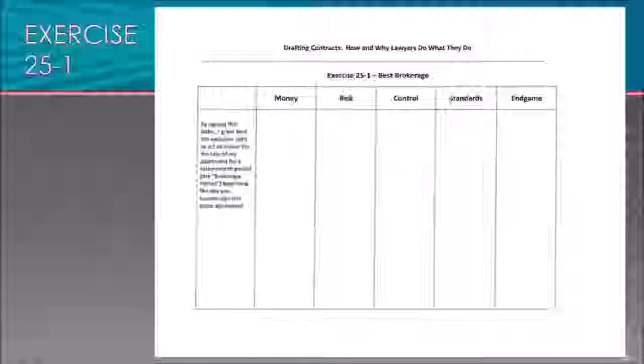Risk, all throughout these slides. And then remember this. Risk. We have to develop that skill of being able to identify issues of client concern, money issues, risk issues.